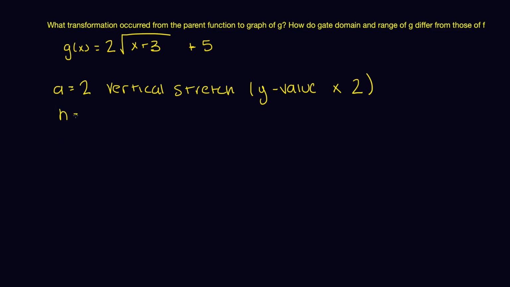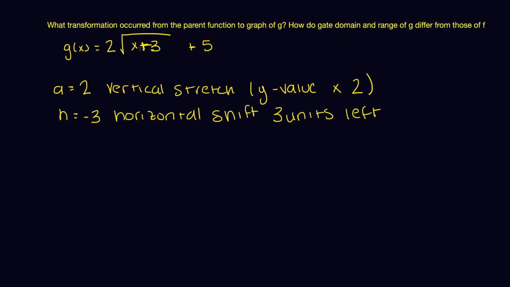Okay, you have an h. Remember that my original formula is x minus h, and we have a plus here. To get that positive, you're going to have to multiply the negative times a negative. So x minus a negative 3 would give us a positive 3. So our h in this case is negative 3. So we have a horizontal shift 3 units left.